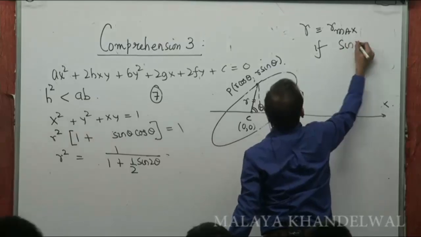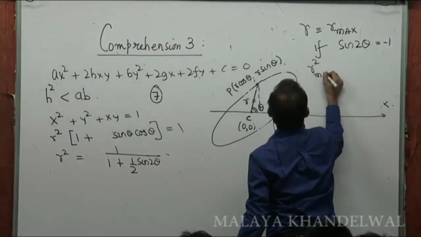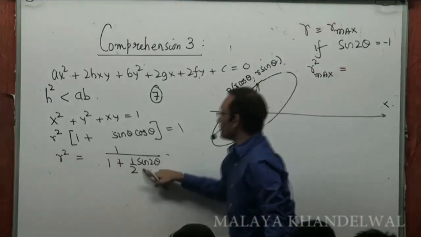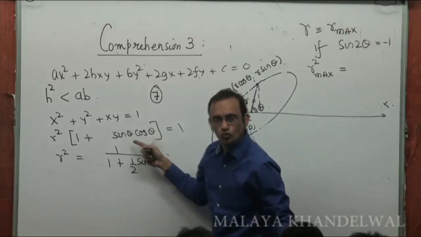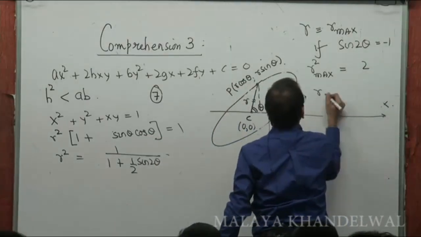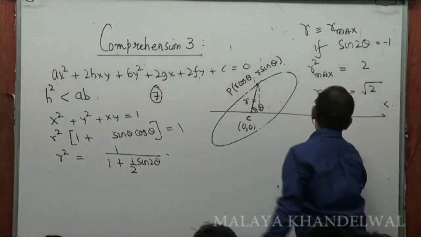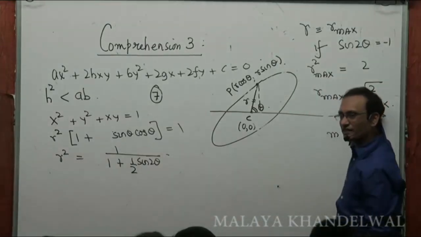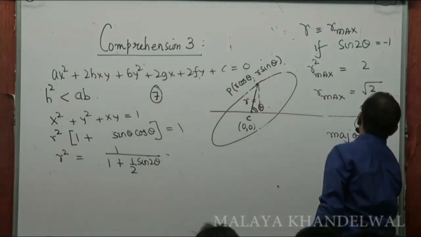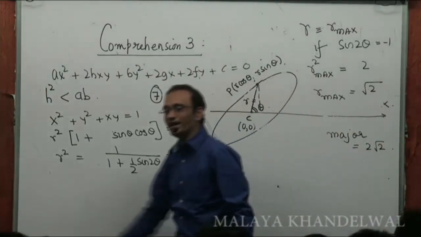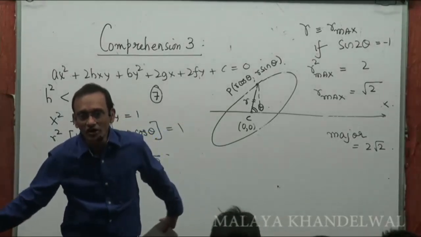Plugging that in, 1 minus half makes it 2 in the denominator, so r max is root 2. So this must be the semi-major axis of the ellipse. The major axis of the ellipse is going to be 2 root 2, and that's going to be the longest chord of the ellipse.